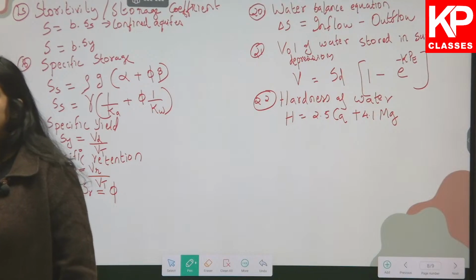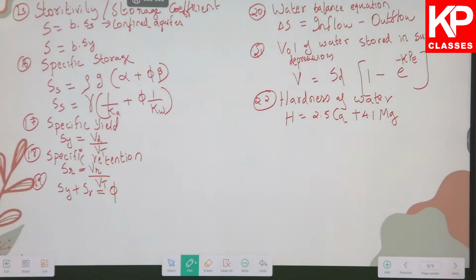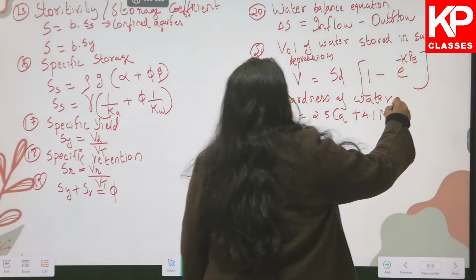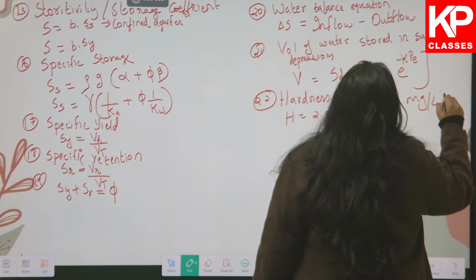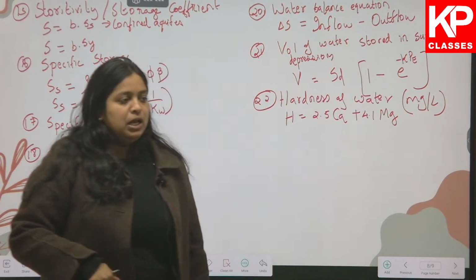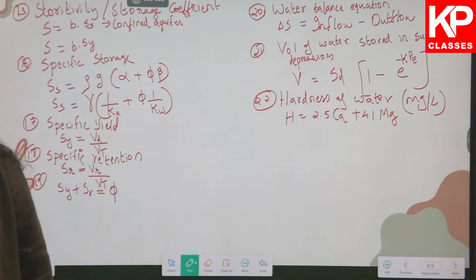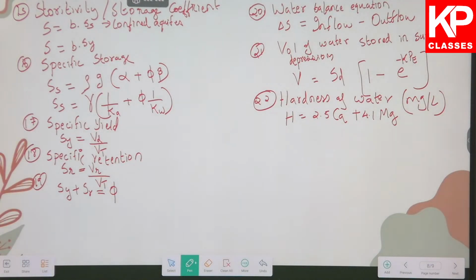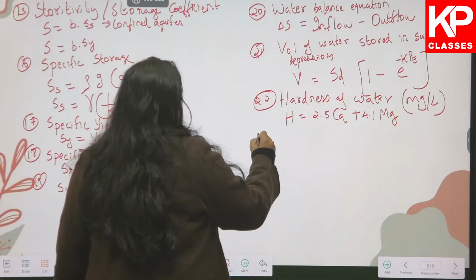We define it in mg per liter. That's the unit, mg per liter. Now the next term is the sodium adsorption ratio.